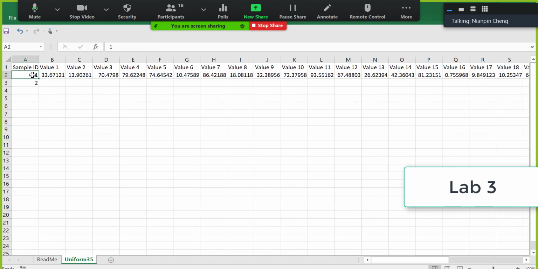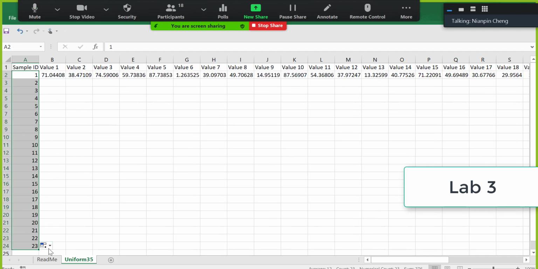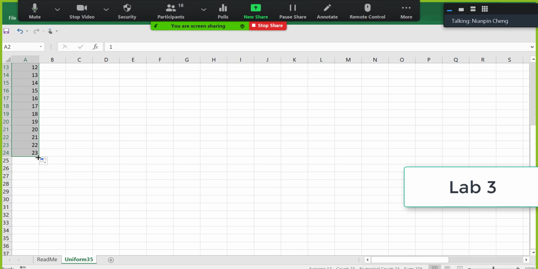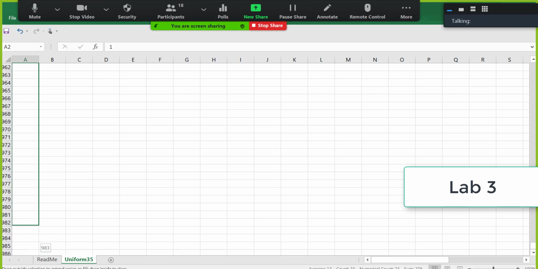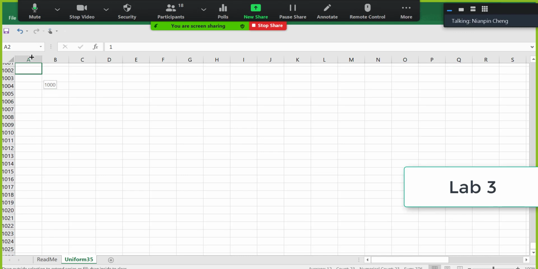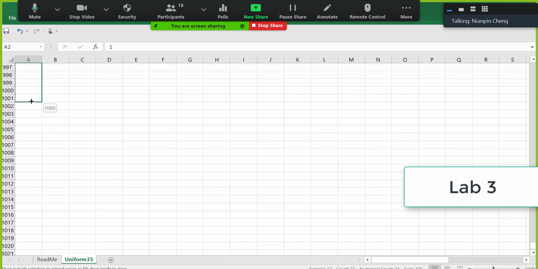And then what we are going to do, we want 1,000 samples. Just keep dragging down, it's not that many. Okay, it's around here. It should be 1,000. So sample ID 1,000.